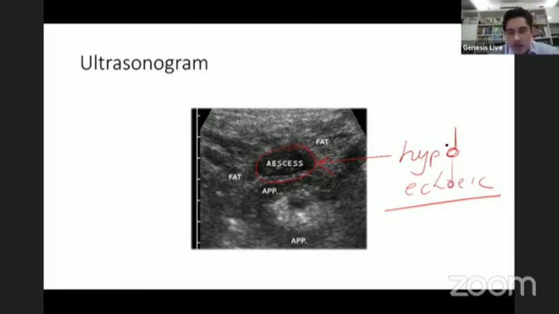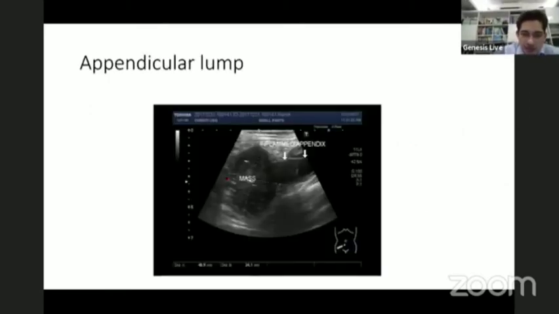What happens in an appendicular lump? You again get the mass, and you can get the inflamed appendix. You can see the mass and then the inflamed appendix. Normally, the appendix should have been thinner, but the inflamed, edematous appendix can be seen over here.